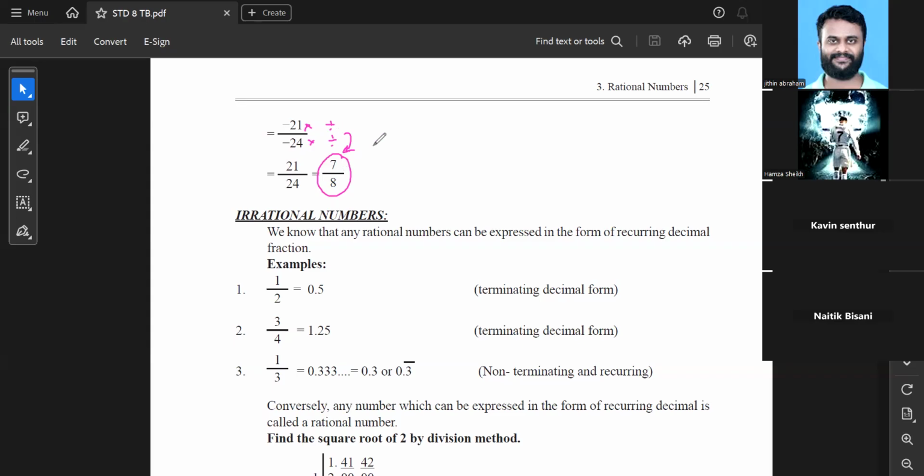It will never change, because whatever number you multiply in the numerator, you are doing the same in the denominator. They are balanced. 8 and 8 can cancel each other. If you're dividing by 2 in the numerator, you're doing the same in the denominator also. They are also balanced. Since these are balanced operations, it doesn't matter whichever number you use. When you find the simplest form, you will always get the same answer. In this case, it will always be 7 by 8.